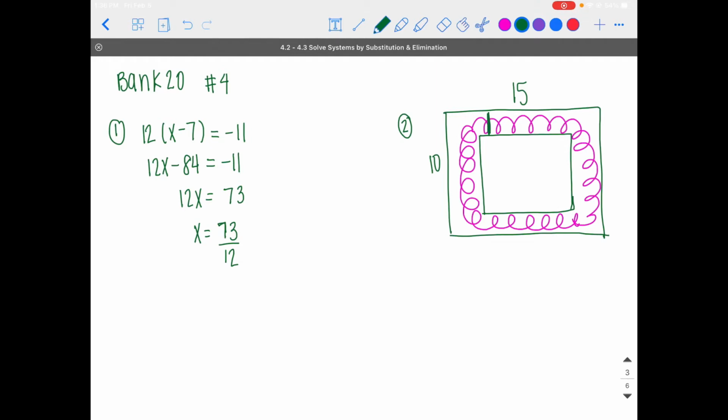So basically we have a foot here and a foot here. So we're taking off 2 feet from the length. So this becomes 8 and this becomes 13 because it's taking off 1 foot on each side. Here's where I get a little confused. It's not clear. It just says what is the area of the rectangular plot.